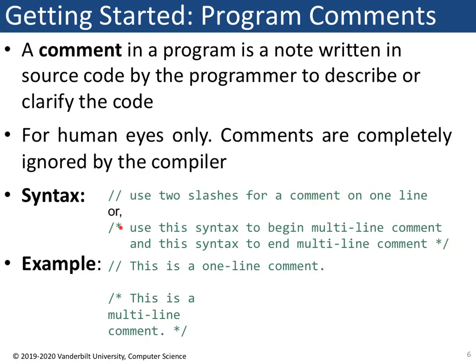The /* is a comment start that does not end at the carriage return. So when the carriage return occurs, the next line is still part of the comment, and everything is part of the comment until it encounters a star /, which is the opposite of the beginning characters.